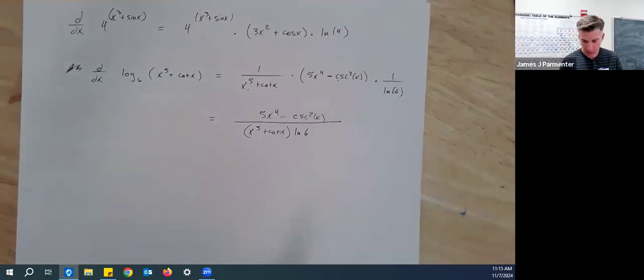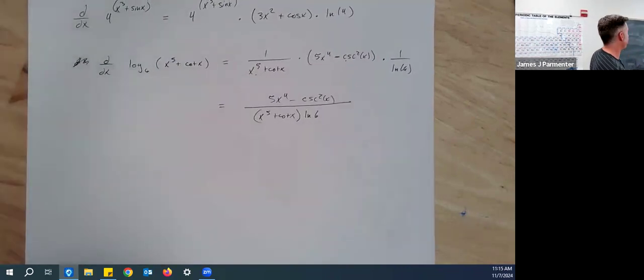I prefer to think of the basic version of the derivative formulas. Like I'm remembering that the derivative of the natural log of x is 1 over x. And then the derivative of the natural log of some stuff is 1 over the stuff times the derivative of the stuff.